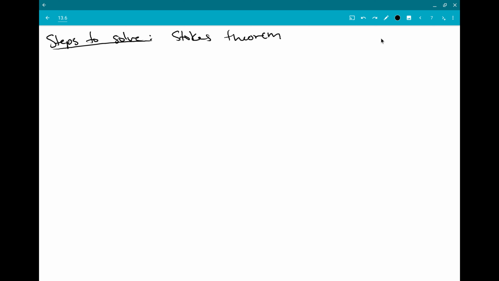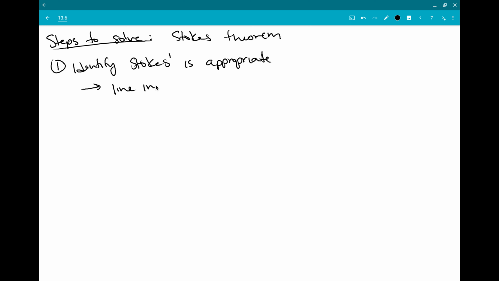So the first challenge you're going to have is that you want to identify Stokes is appropriate. Generally, the things that are going to have to be true are that you're computing a line integral problem for a closed curve.